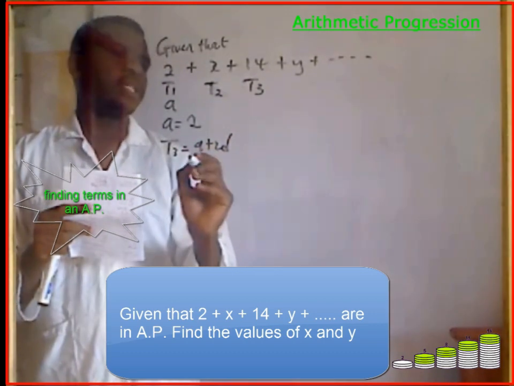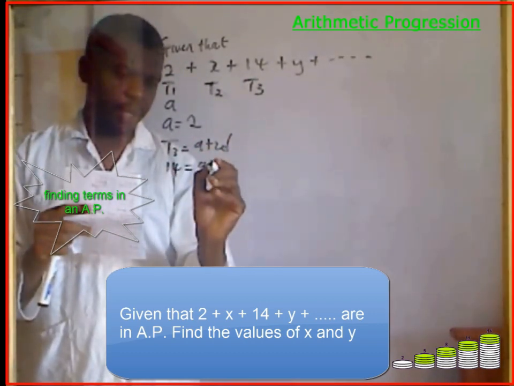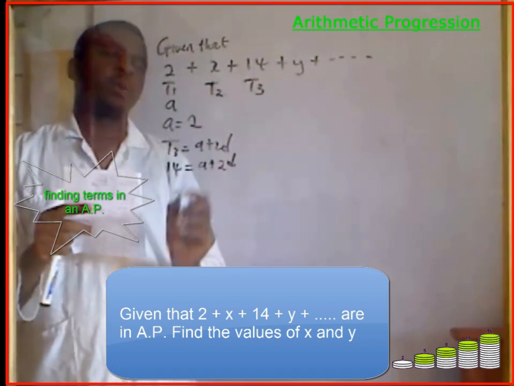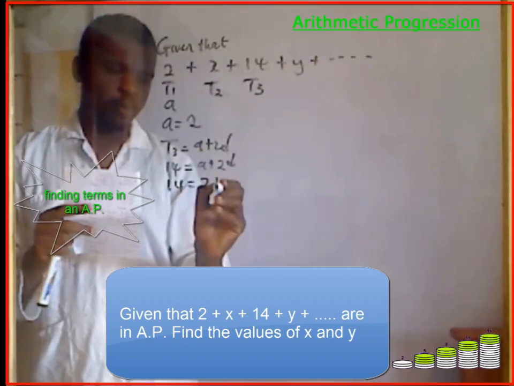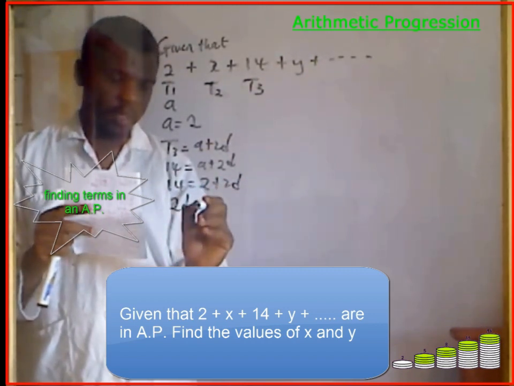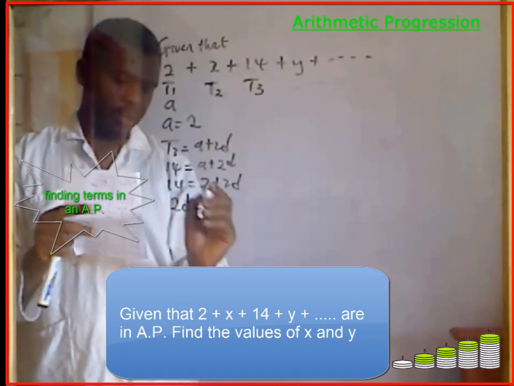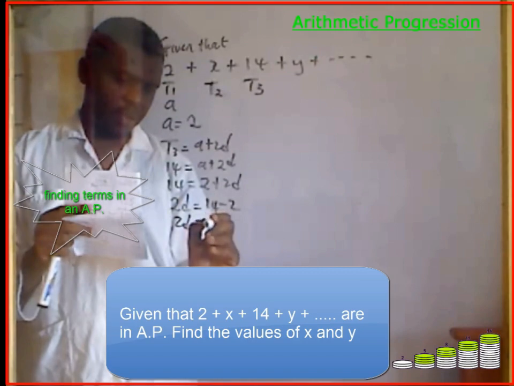Our T3 is 14. So I'm saying here that 14 is equal to A plus 2D. We have the value of A already. 14 is equal to 2 plus 2D. 2D is equal to 14 minus 2. So 2D is equal to 12. D is equal to 6.